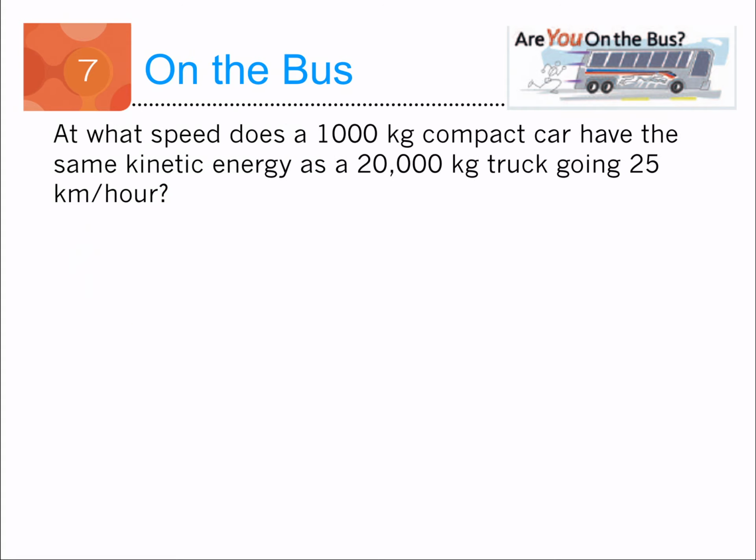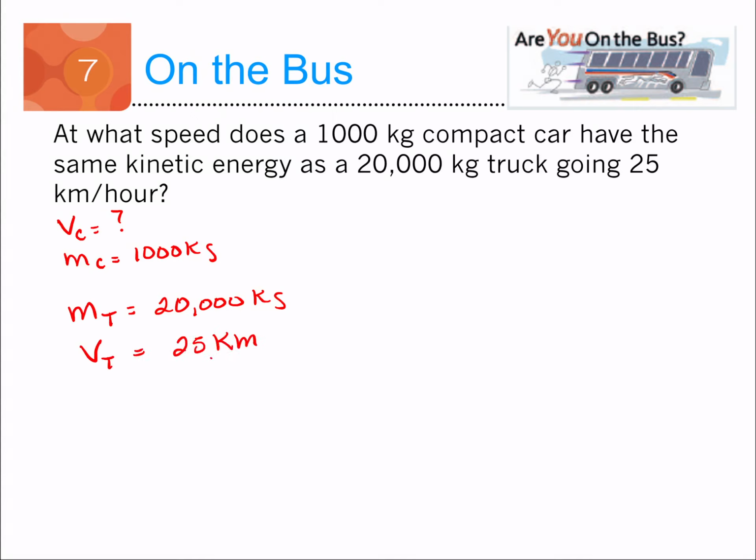Okay, and then on this problem, we're asked at what speed does a 1,000 kilogram compact car, so we're looking for the speed of our car. We know the mass of our car is 1,000 kilograms, have the same kinetic energy as a truck whose mass is 20,000 kilograms, and our speed of our truck is 25 kilometers per hour.